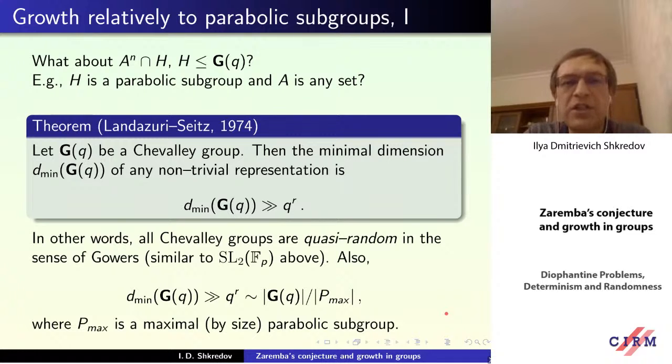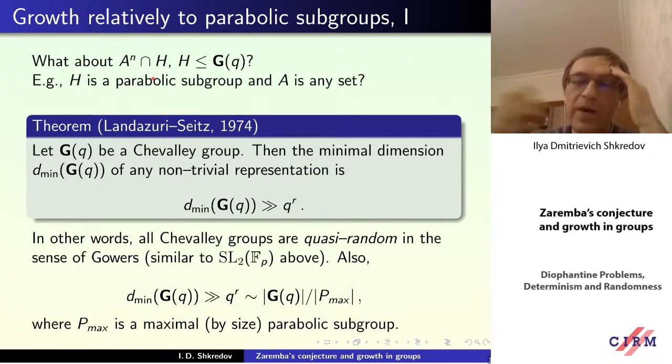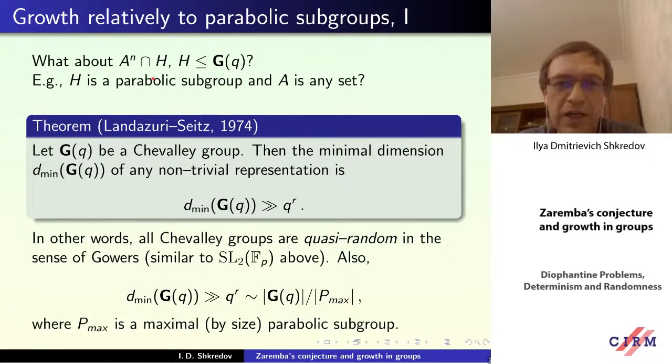So by some reasons which are connected with the Zaremba conjecture, I am interested in the following question. I'm not interested in generating the whole group, whole Chevalley group or whole SL_2. I am interested in generating parabolic subgroups. So I have a set A, and I want to find a non-empty intersection with a parabolic subgroup H, rather large. Of course, if I don't know Babai's conjecture, then there is nothing to ask.